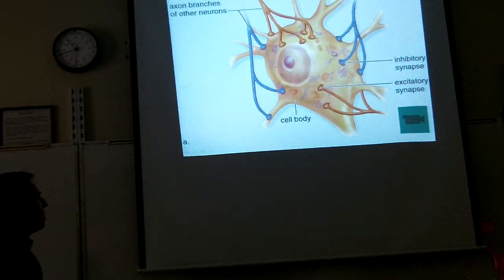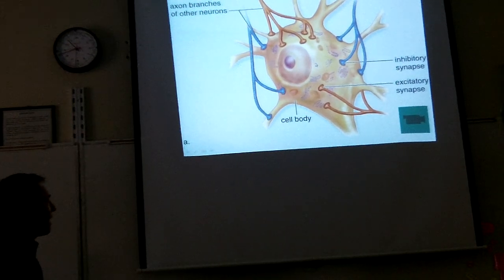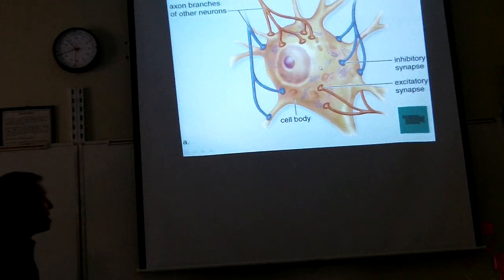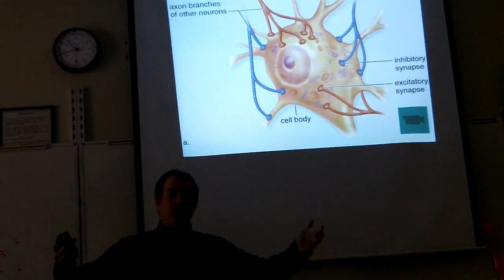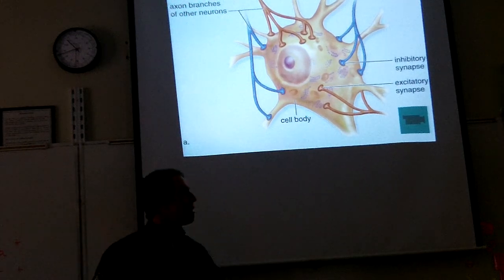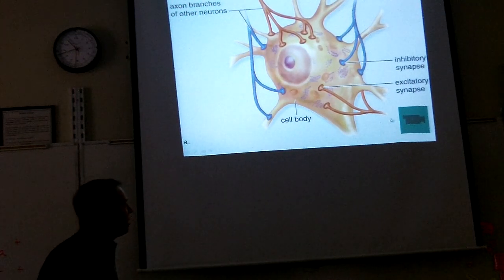So, you have signals coming in to the nerve cells, and it's the communication between nerve cells that is going on in your brain when you're thinking. This is all very important in getting signals to go.